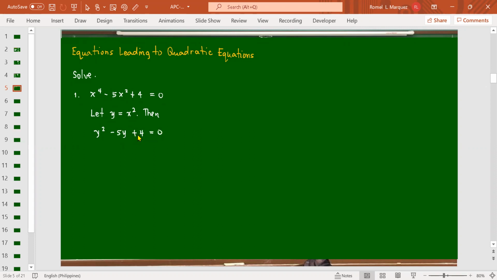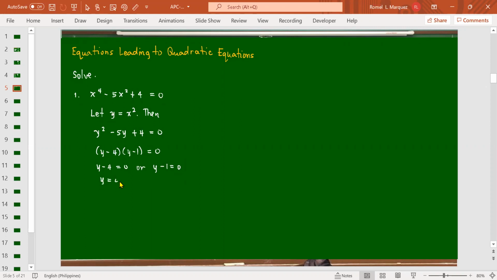So this is now a quadratic equation in what? In y. Okay? So this can be solved by factoring. y minus 4, y minus 1, the factored form of that, equal to 0. Equating its factor to 0, we have y minus 4 or y minus 1 equals to 0.